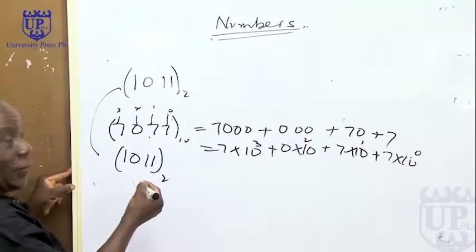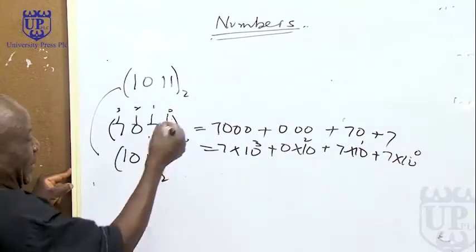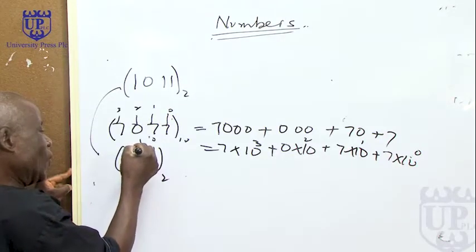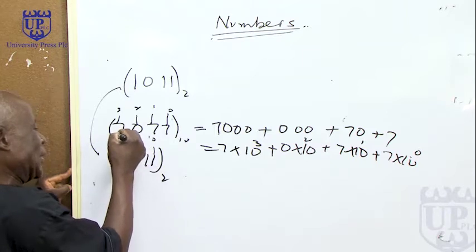Look at this now. That's what we mean. If this is our origin, we start from here, this is the second one, this is the third one.